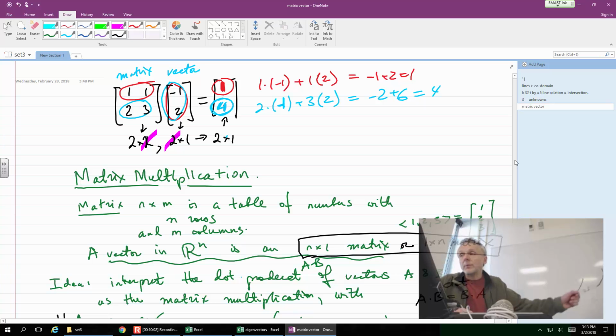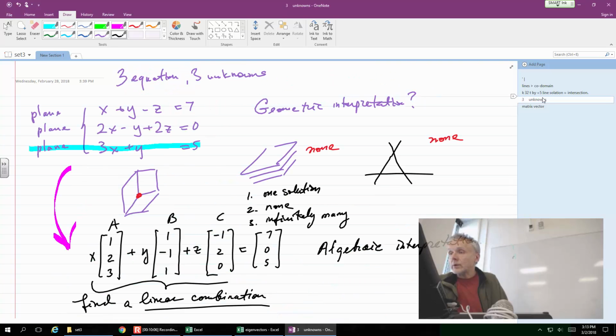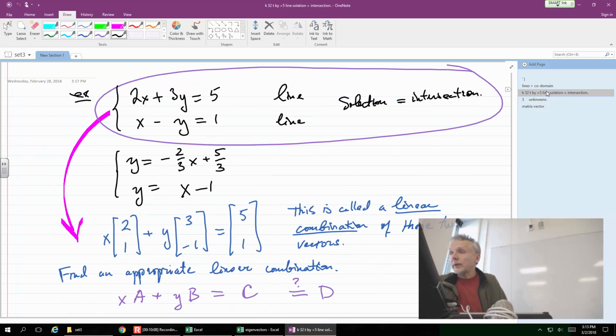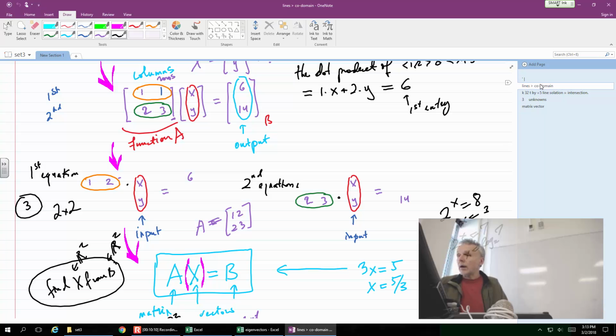Remember the other example, where one of the matrices was in fact a column vector x, y, and then we broke the multiplication of matrices into two dot products.